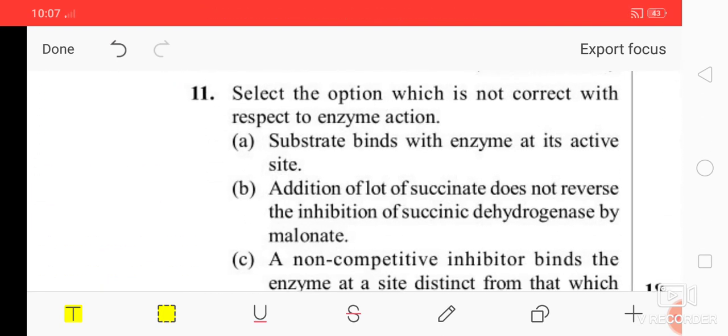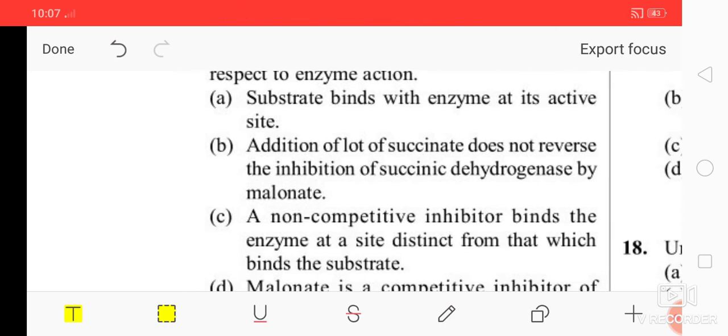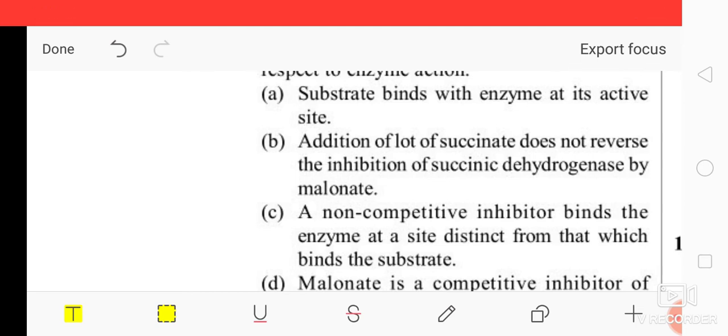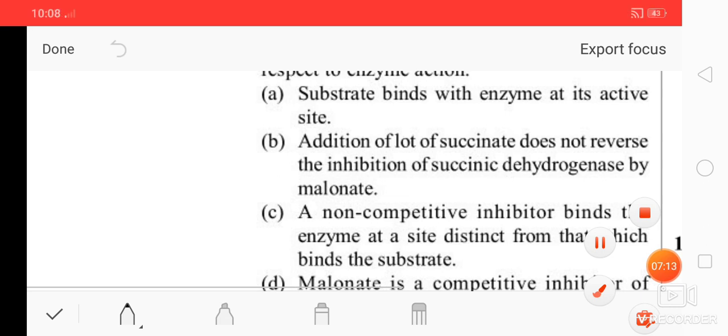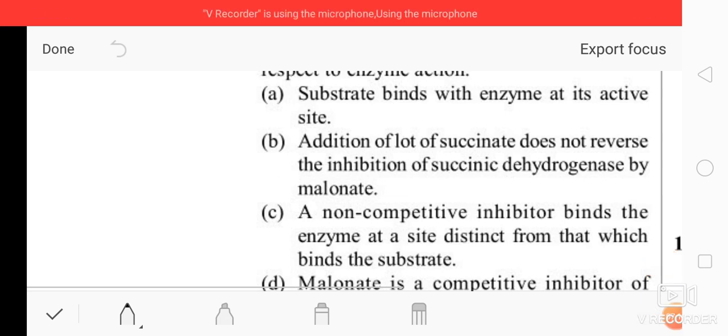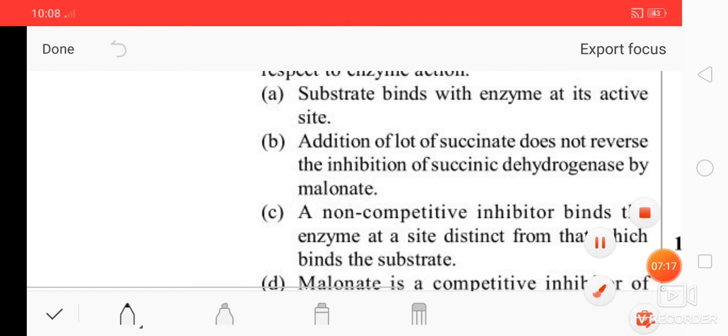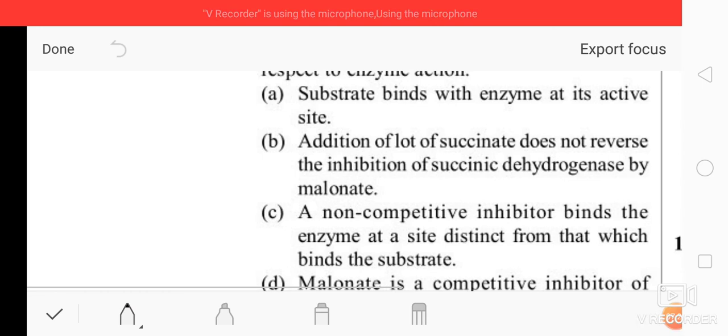Now moving to question number 11. Select the option which is not correct with respect to enzyme action. Substrate binds with enzyme at its active site. Addition of lots of succinate does not reverse the inhibition of succinic dehydrogenase by malonate. A non-competitive inhibitor binds the enzyme at a site distinct from the one which binds to substrate.